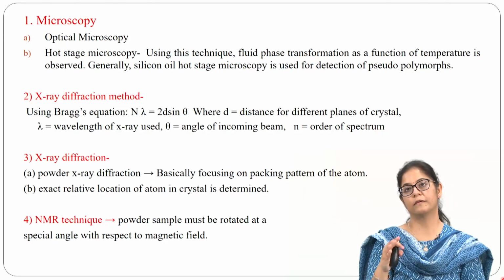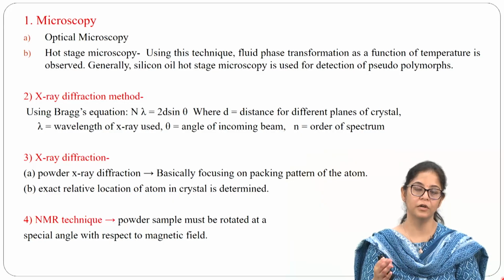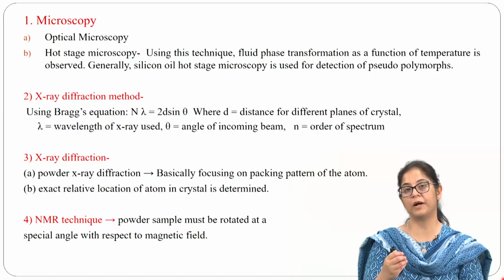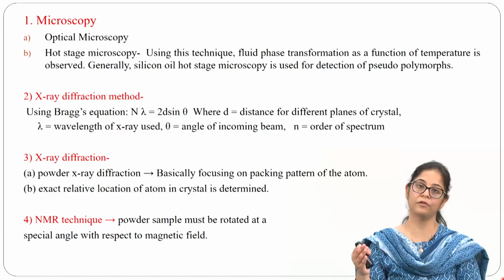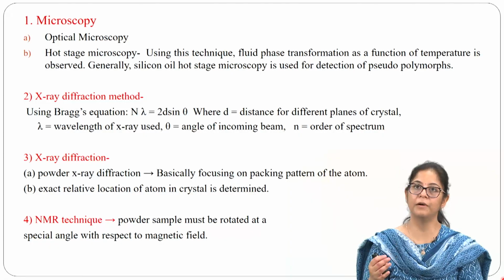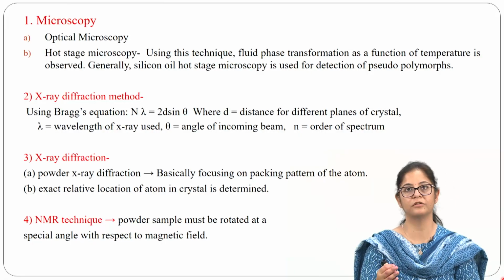Depending upon what size you are taking, the resolution has to be changed. If the particles are very small, then we need to go to a scanning electron microscope or transmission electron microscope. For cruder particles, even optical microscopy can be used for determining the structure.